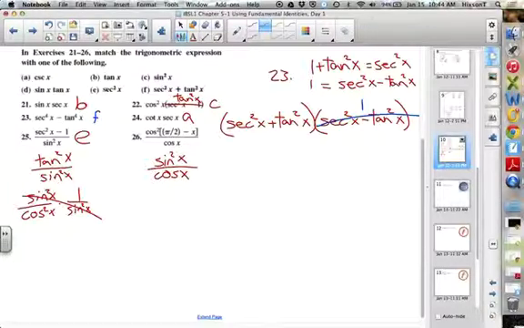So I'm actually going to split this up to be sine times sine over, so I'm going to use one of the sines. This is our tangent, and then I've got a sine left over that the tangent is multiplied by, so it is in fact choice D. Okay?